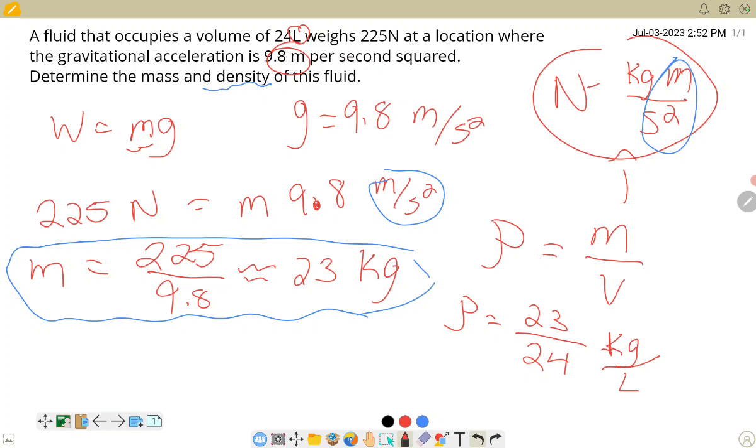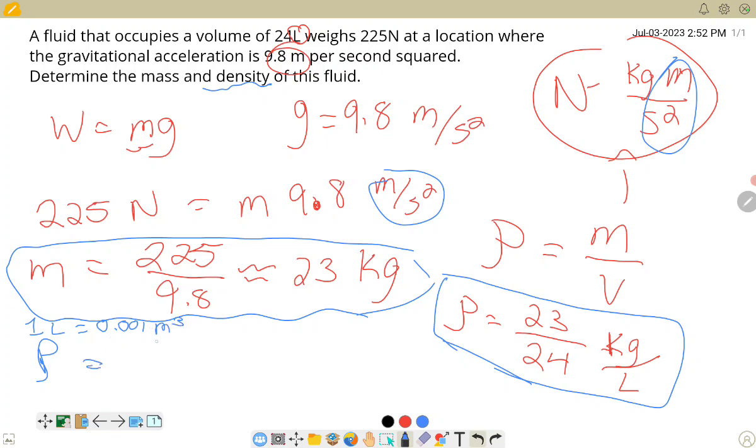However, lots of times we would like to keep the units consistent, so this is absolutely correct, by the way, as long as we have our units correctly stated. But let's use the units in terms of cubic meters. So 1 liter is equal to 0.001 cubic meters.